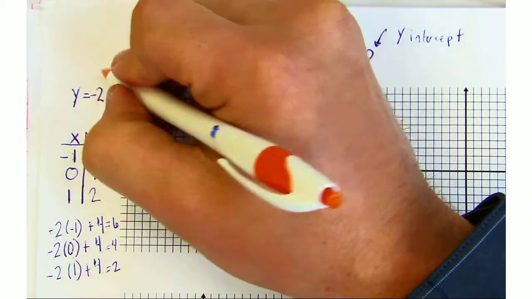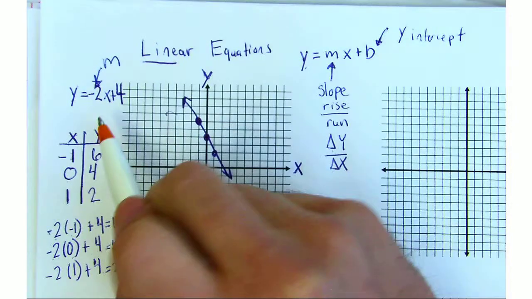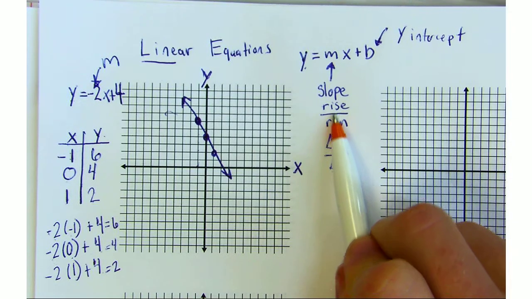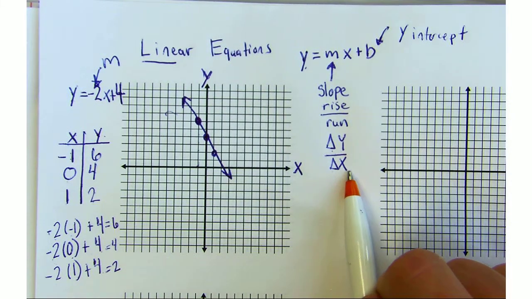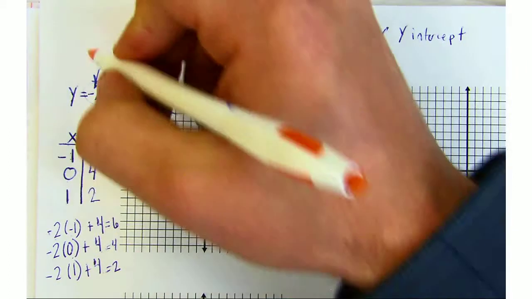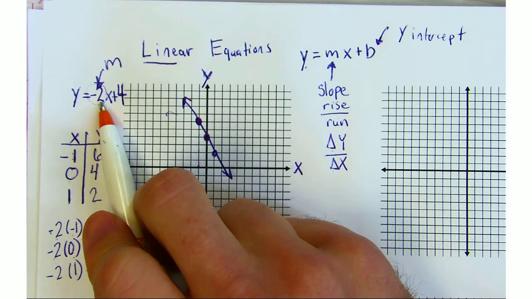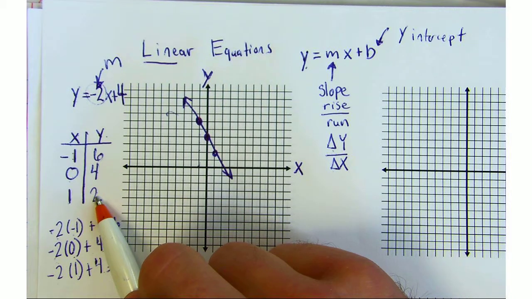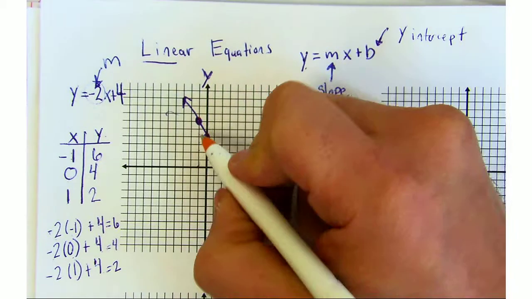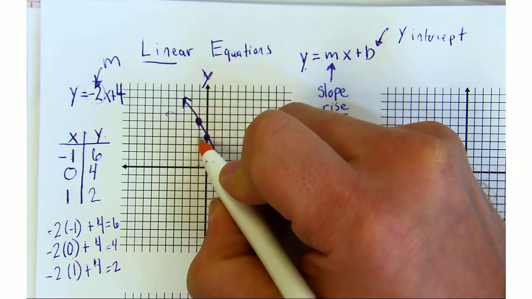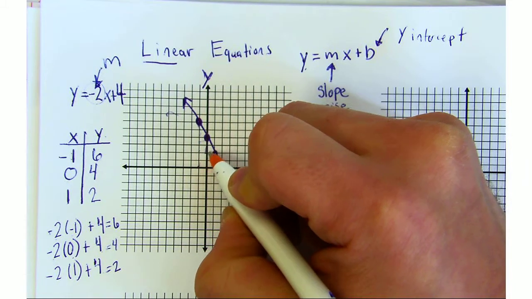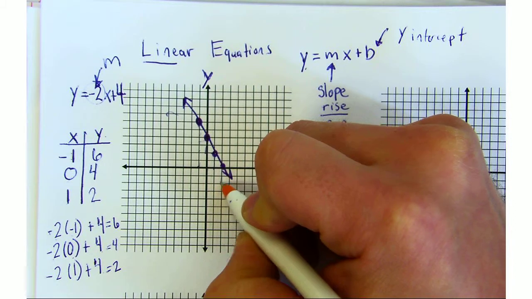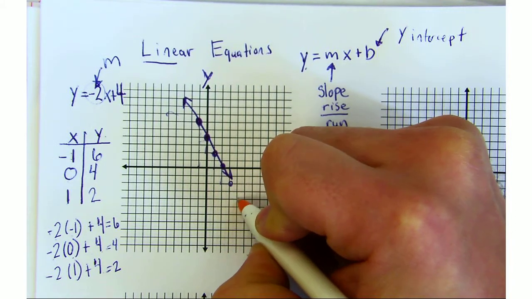So the things that you're going to know: this here is my m. That's the coefficient for x. That's our slope, the rise over the run, how y changes versus how x changes. Our slope in this case is -2, because each time the y value goes down 2. From one point to the next, it goes down 2 over 1, down 2 over 1, and the line would continue to follow that pattern forever and ever.